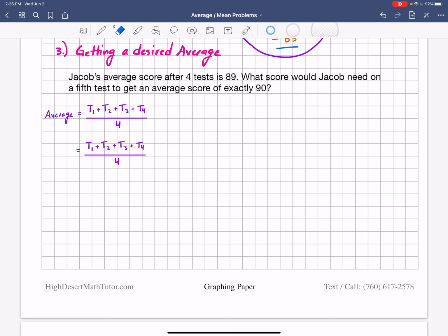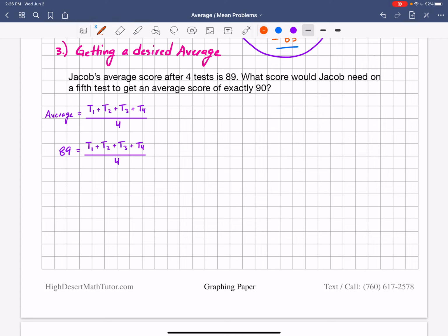So the average given to us was 89. Now the new situation is we want to take one more test, and we want our score, the average score, to be exactly 90.